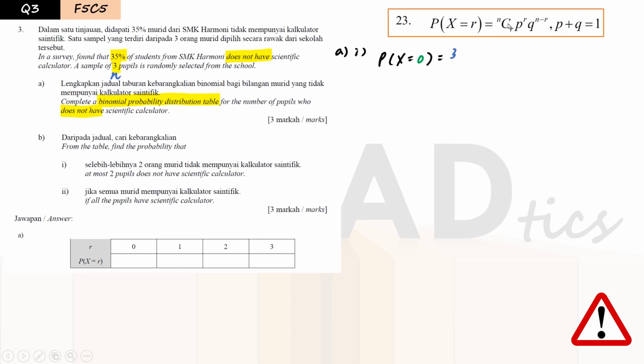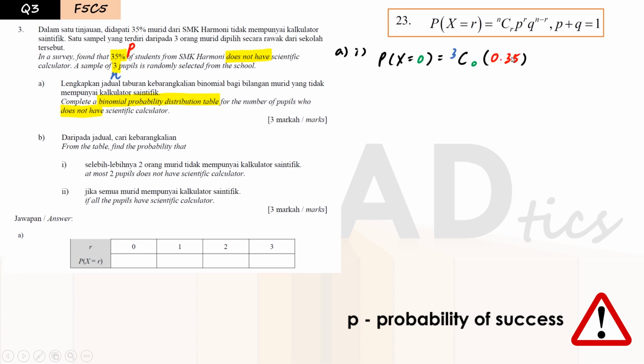Then we follow by nCr. So here will be 3C and then r will be 0. P here will be the probability of success. Success here really depends on our perspective, and our perspective again is do not have. The probability that the student does not have is actually 35%, so we can take this as our p.